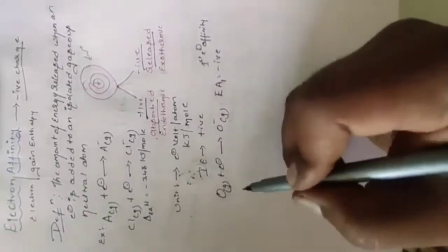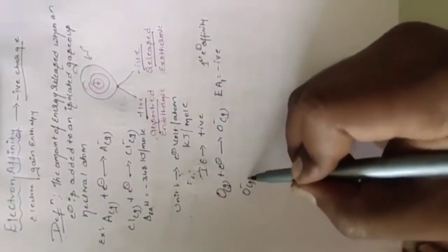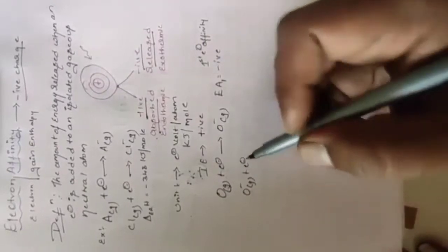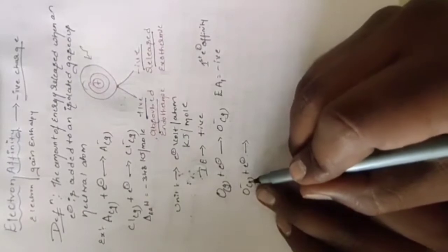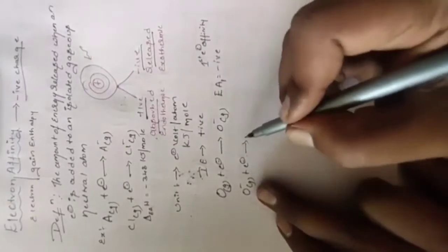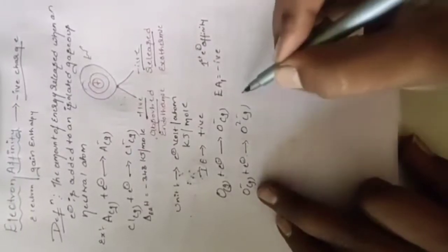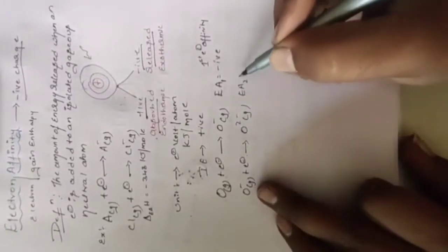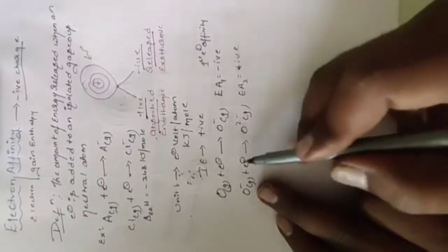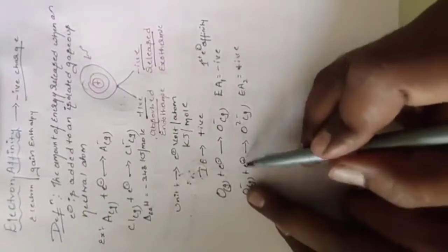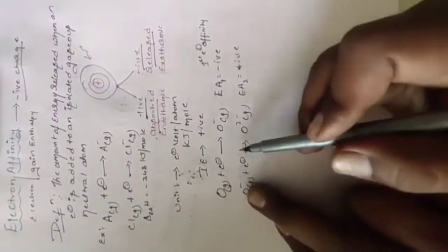Similarly, if we add an electron to the oxygen anion, O minus in gaseous state, it will be electron affinity 2, correct? No, it will be positive. Why will it be positive?